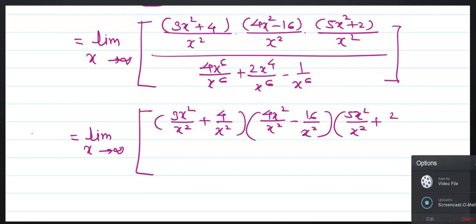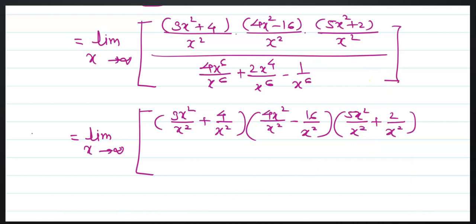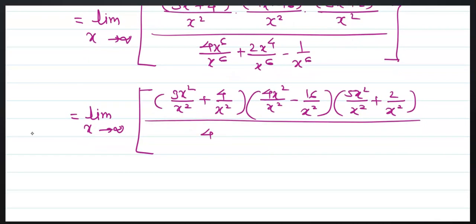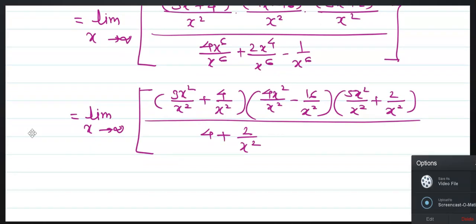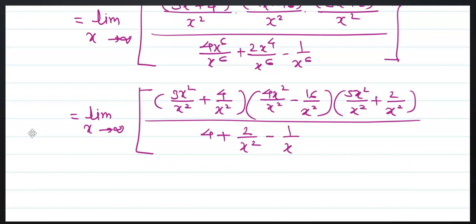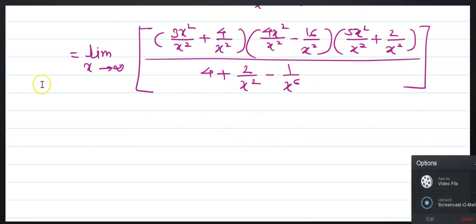To the numerator, we have 3x² upon x² plus 4 upon x², 4x² upon x² minus 16 upon x², into 5x² upon x² plus 2 upon x². Now to the denominator, 4 plus 2 upon x² minus 1 upon x⁶, bracket complete.